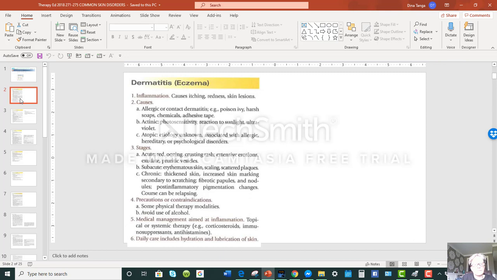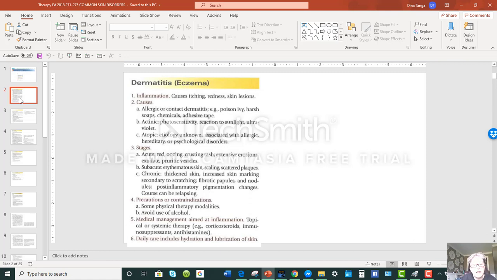Dermatitis. It's an inflammation, causes itching, redness, skin lesions. The causes can be from allergic or contact dermatitis, poison ivy, harsh soaps, chemicals, adhesive tape, photosensitivity, reaction to sunlight, ultraviolet light, associated with allergic, hereditary, or psychological disorders.